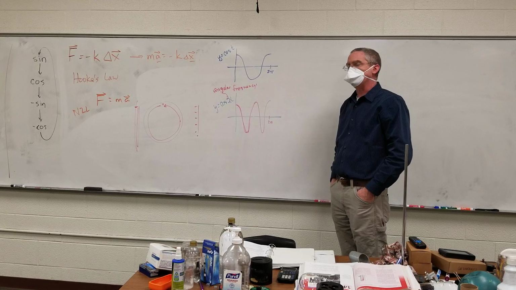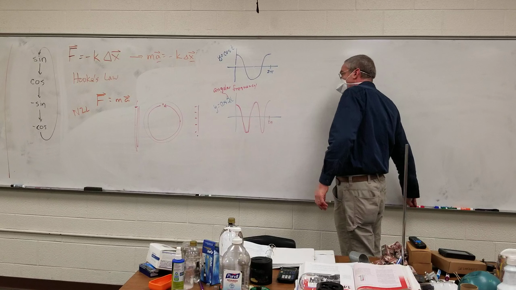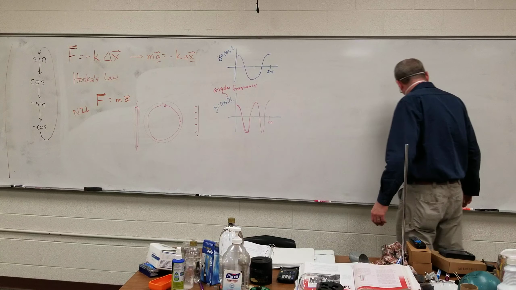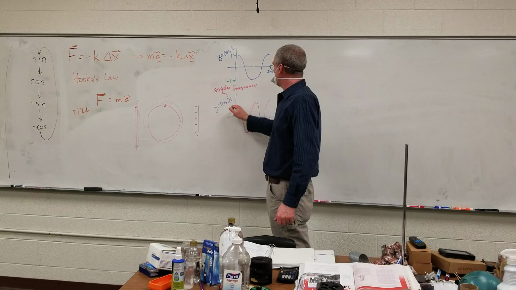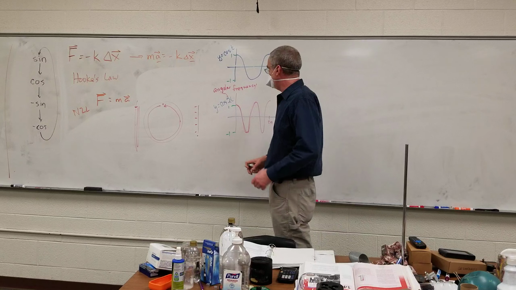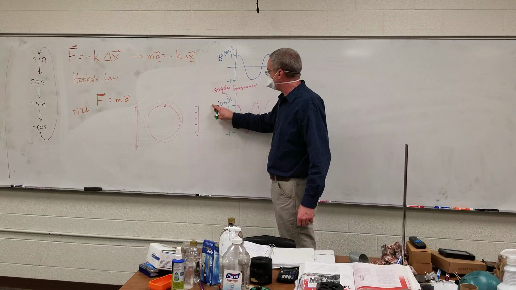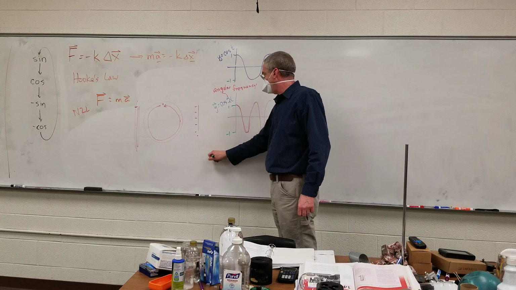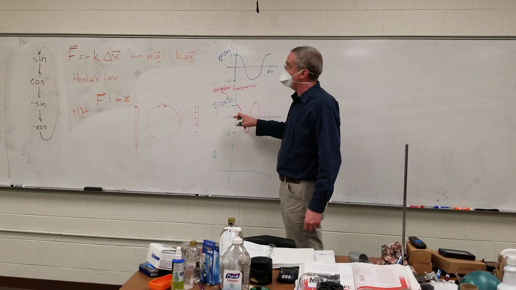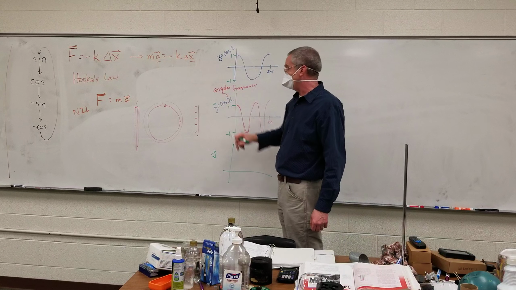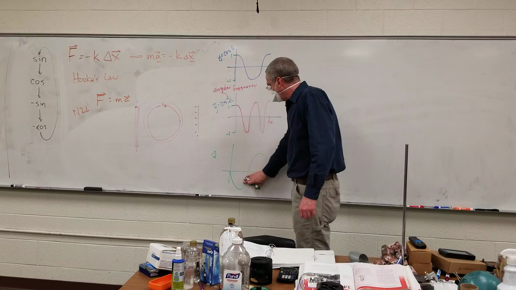What does that do to my slope? It makes the slope steeper. Matter of fact, it makes it twice as steep. So if this goes from 1 to -1, and this goes from 1 to -1, then if I do the slope, so if this is my position graph, and this is my velocity graph, well, if this is cosine, my next step down is negative sine, so it's basically going to look like this.